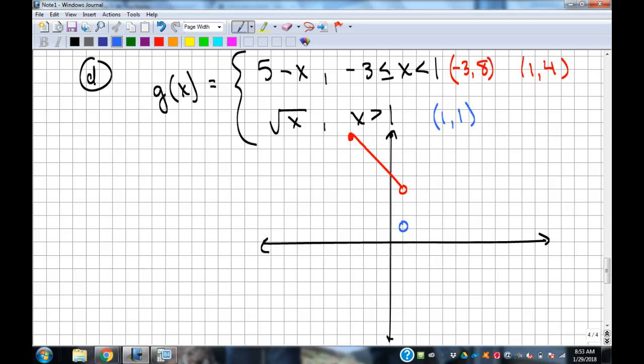How can we get that curve, better than just saying that? Plug what kind of numbers? Anything bigger than 1. So what kind of numbers are easy to take the square root of that are bigger than 1? 4, 9, 16, those kind of numbers. That's what I'd pick. So if I plug in 4, square root of 4 is 2. So I've got the point 4, 2.